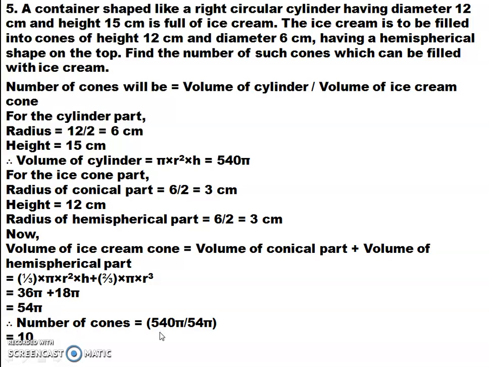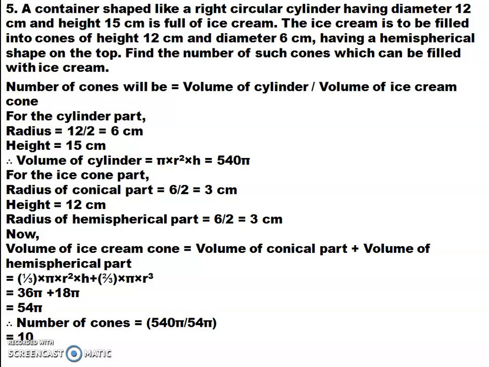That is 540 pi by 54 pi. You will get the answer as 10. So, students, when you are asked about the conversion of one solid shape to another, all you need to remember is the formula for volume of the specific solid shapes.